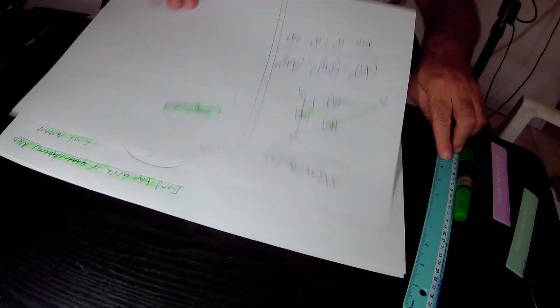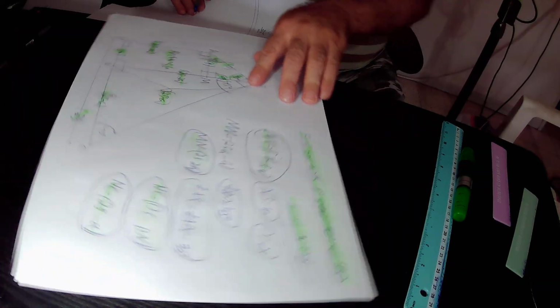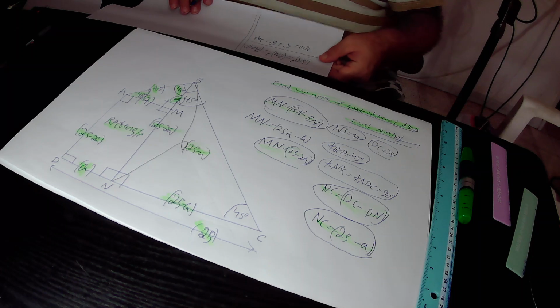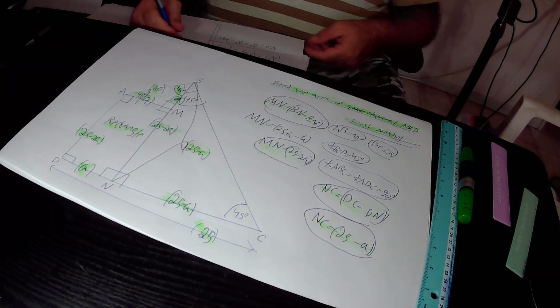Our task is to find out the area of this quadrilateral ABCD. So what is the area of quadrilateral ABCD?